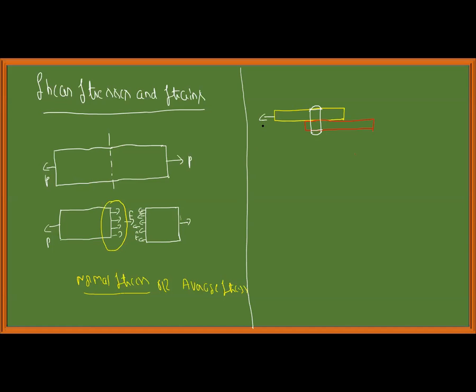When I apply a load tangential to this plane, like this, the axial loading on the plates at this junction, if I take the upper part of the rivet, there are shear stresses which are developed.